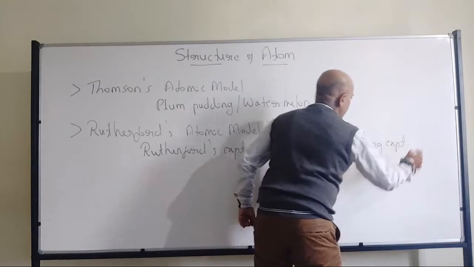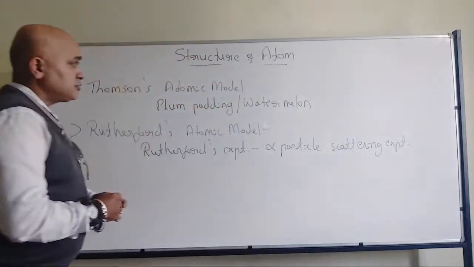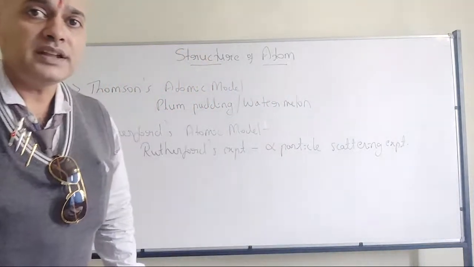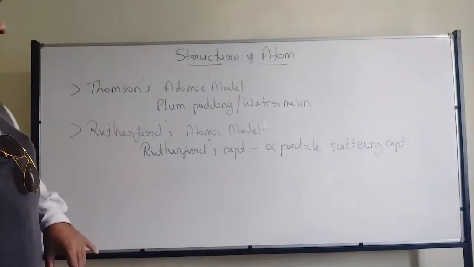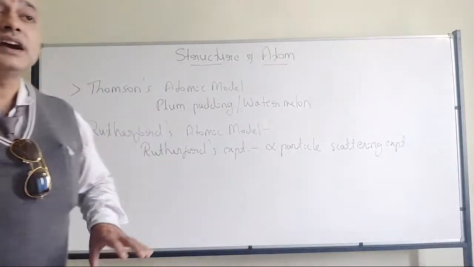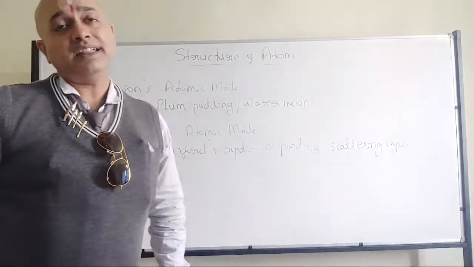Don't write a short form for experiment. To save time I am writing it, but in the exam you cannot write like this. So that's where we have Rutherford's experiment, which can be called the alpha particle scattering experiment.